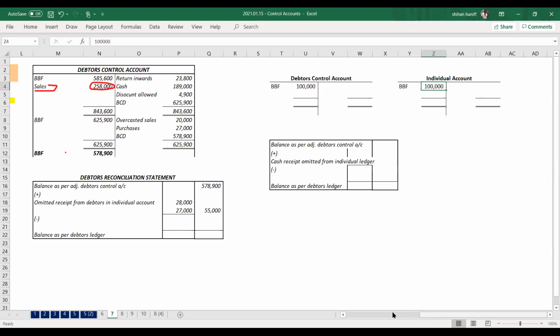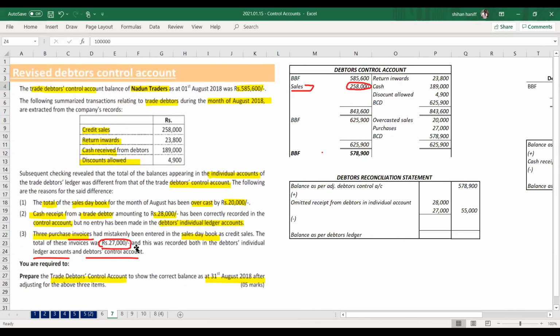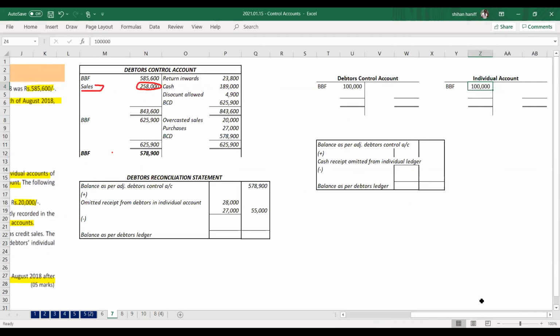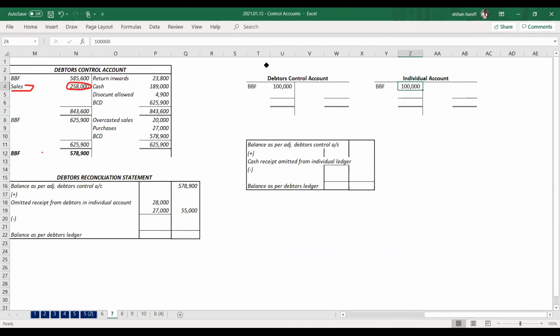Now what is the error? Purchase invoices of 27,000 have been entered in the sales table, and this was recorded both in the debtors individual account and the debtors control account. So 27,000 is recorded here. It is not sales, it is purchases. Therefore, here you have to credit purchases 27,000. The control account you can correct.